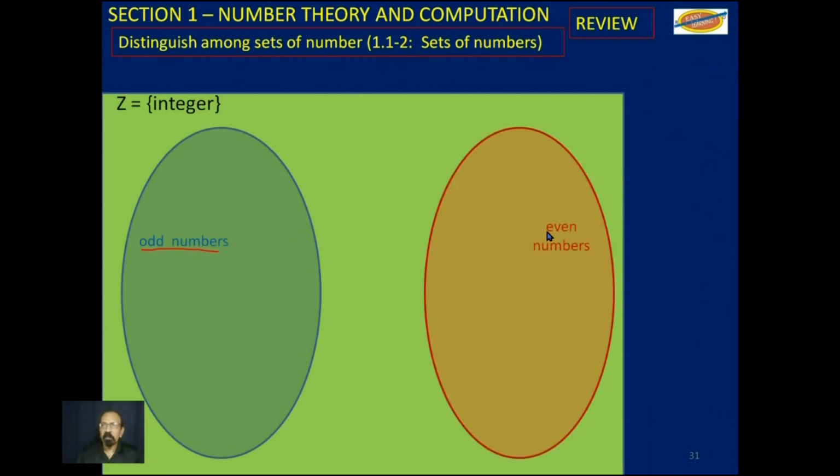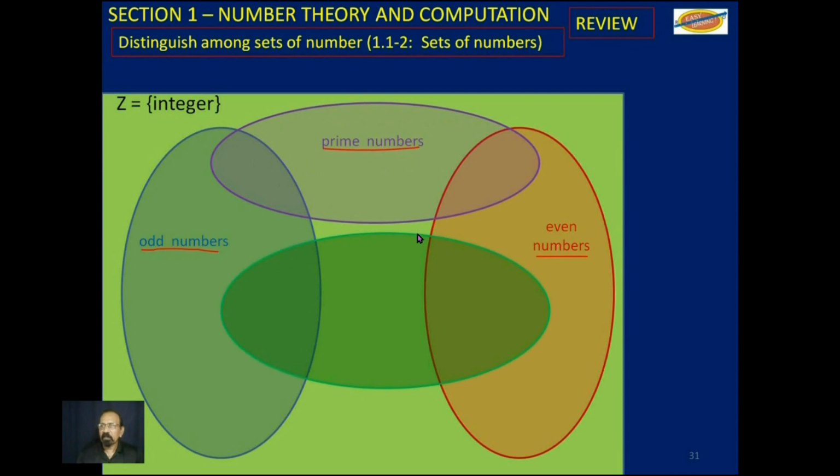We will put even numbers in this red oval over here. In this purple one here, we will put prime numbers. In this green oval here, we will put composite numbers. And in this yellow oval, we will put square numbers.